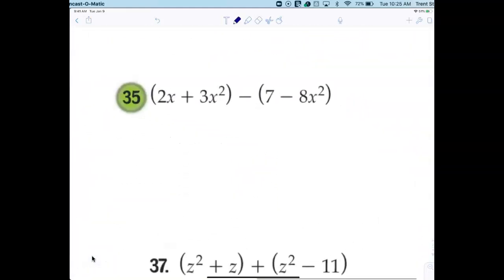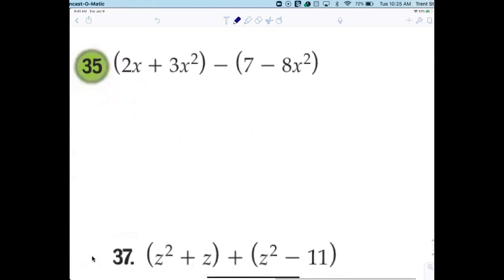All right, here we go. 35. Now, again, I kind of like to just put them in order. This is my recommendation. I would write on my paper 3x squared plus 2x. You don't have to do that, but I just think it's easier. Now, when I distribute the negative, this becomes what?